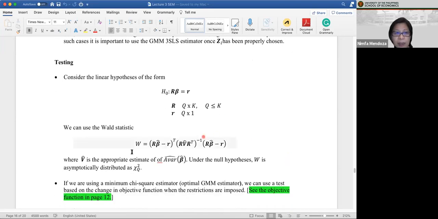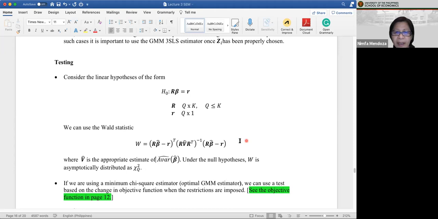Then you can use the Wald statistic, which is R beta hat minus r transpose, R V hat R transpose inverse, R beta hat minus r, where V hat is the appropriate estimate of the asymptotic variance of beta hat. Under the null hypothesis, W is asymptotically distributed as chi-square with Q degrees of freedom. Note that this is the Wald statistic.